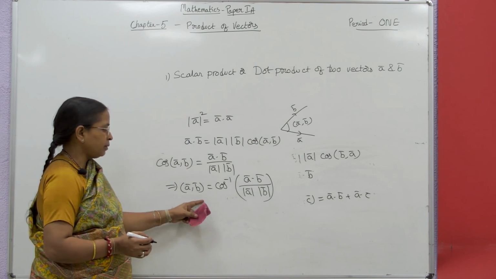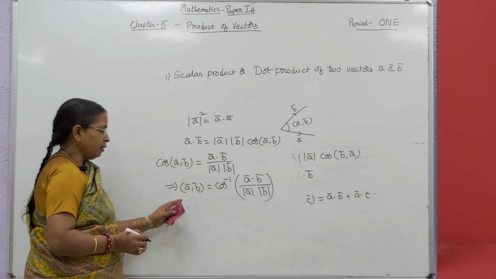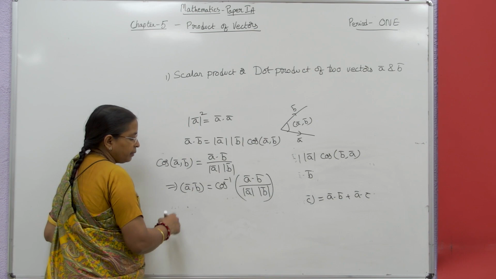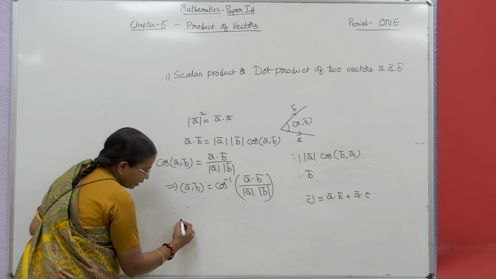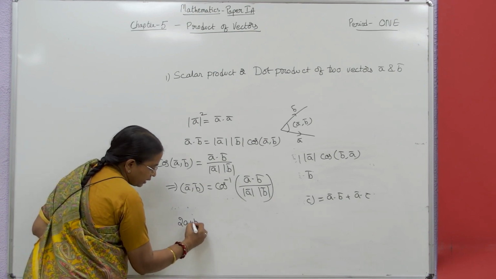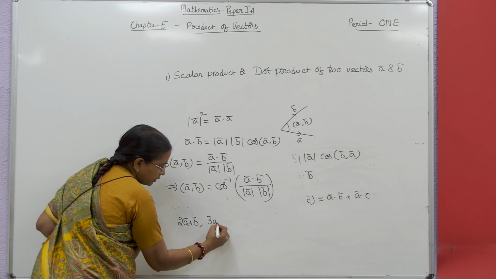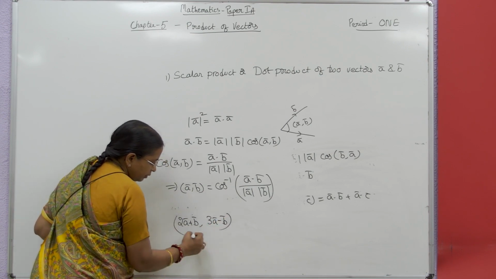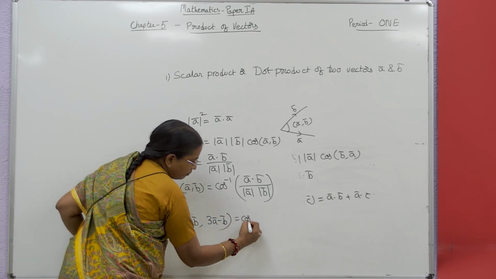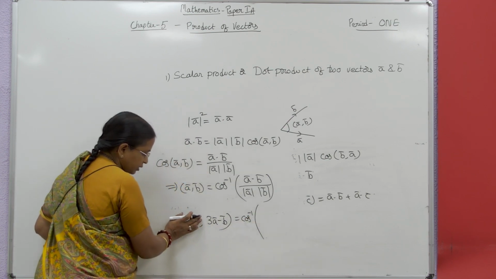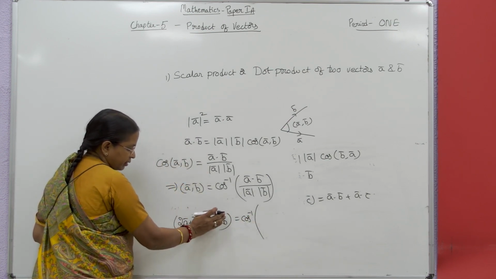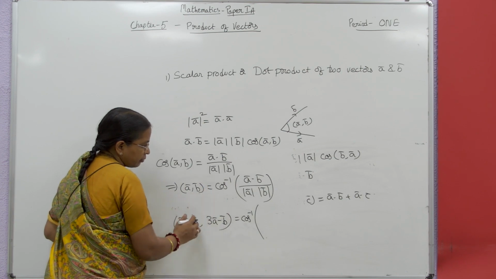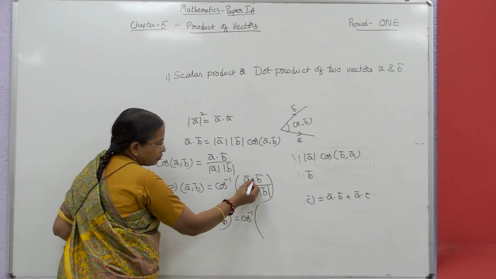There are many problems where we find the angle between two vectors A and B. Like suppose you have to find the angle between 2A plus B and 3A minus B. Then the angle between them is given by the formula. This is just an example. So this is your vector A and this is your vector B, like that, and apply this formula. This dot should be visible.